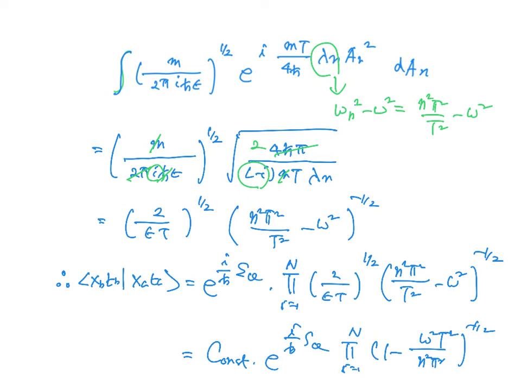And there is a reason why I'm putting it this way, because it can be written as a sine, following this formula: z over sine z is the product from n equal to 1 to infinity of (1 minus z square over n square pi square).